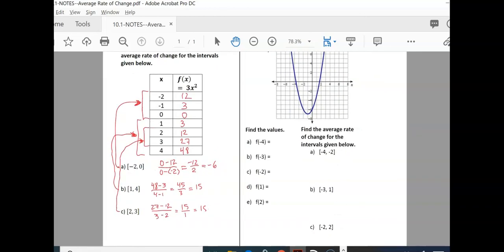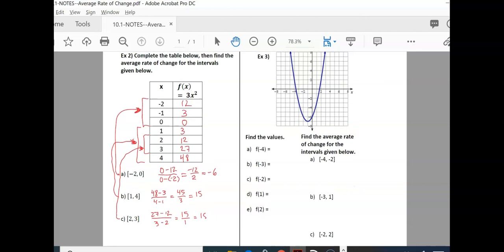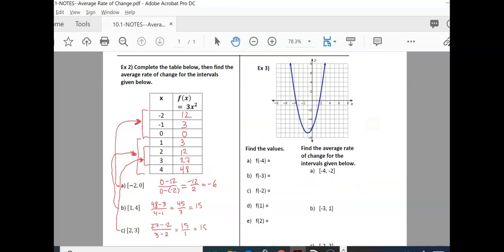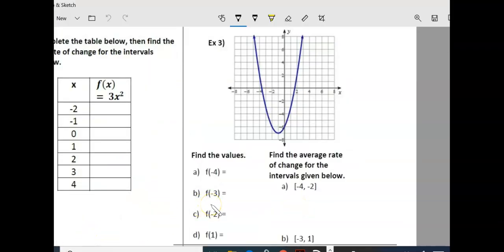If we look at example 3, here they're asking us to work from a graph to find out what are the values of y that correspond to different values of x.